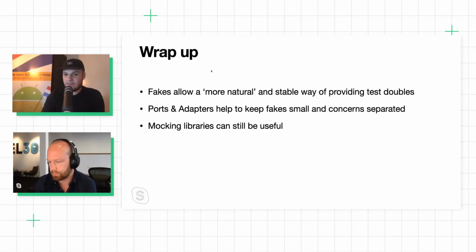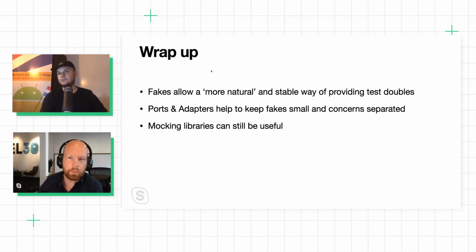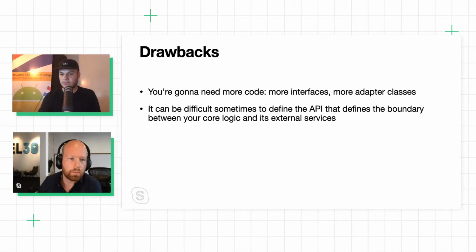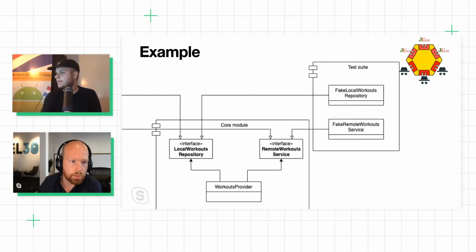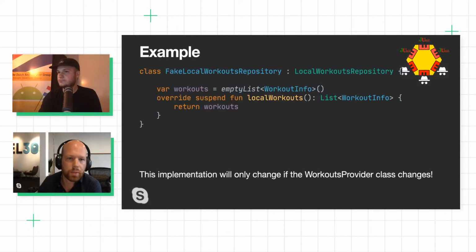Cool. How do we write a fake implementation for success and failure cases at the same time? Any inputs? I'm going back into my slides. Let's see. This one, right?